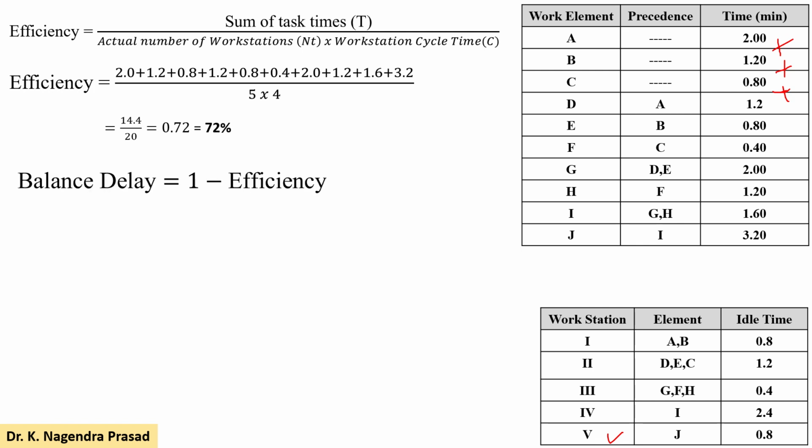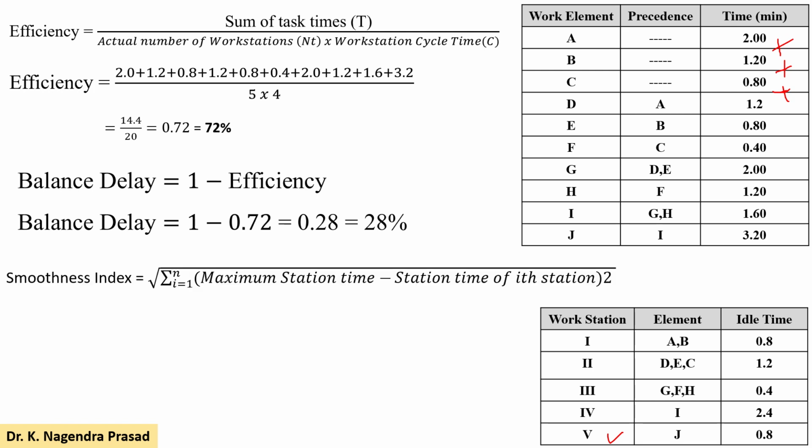So next we determine the balance delay, which is the 1 minus efficiency. So 1 minus 0.72, that is the 0.28, which is the 28%. So next we calculate the smoothness index, which is the square root of summation of i equal to 1 to n of (maximum station time minus station time of the ith station) whole square.